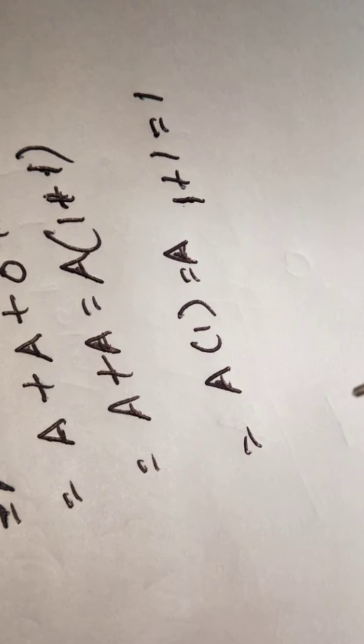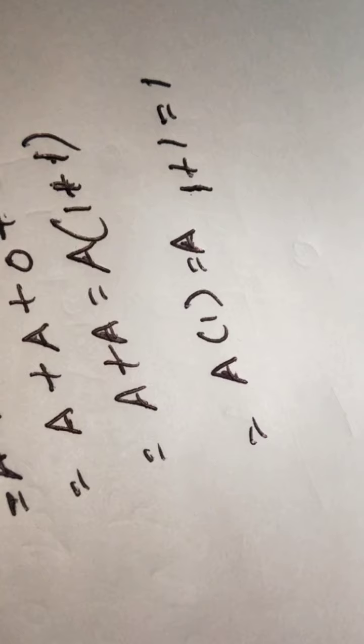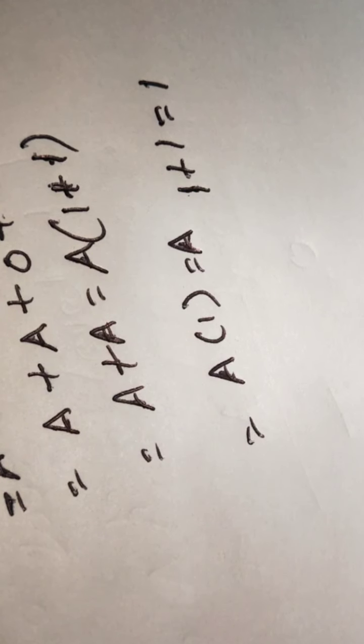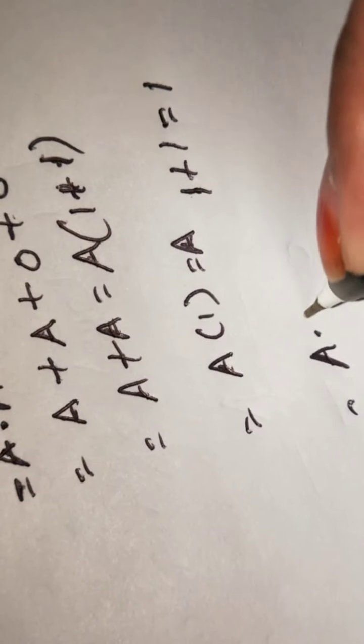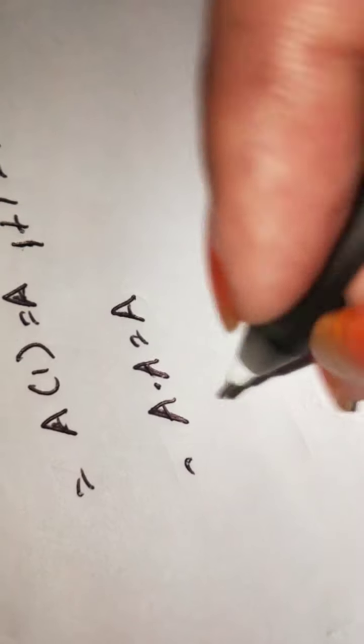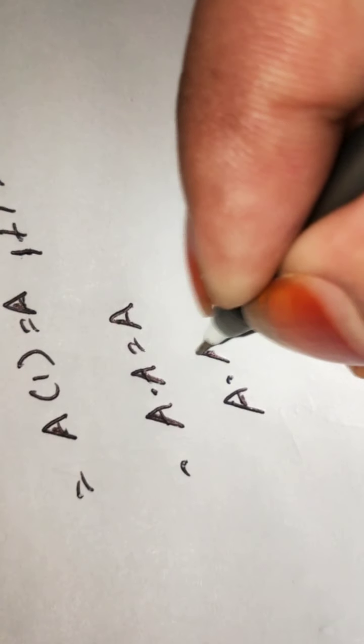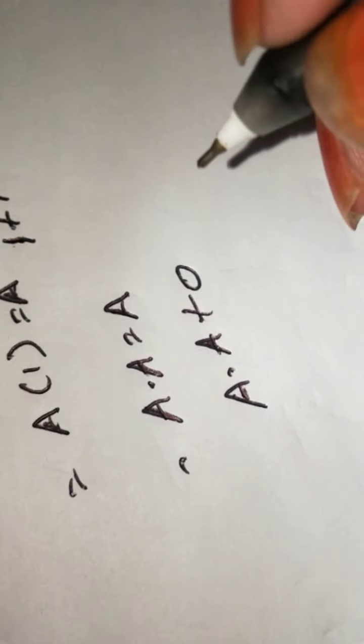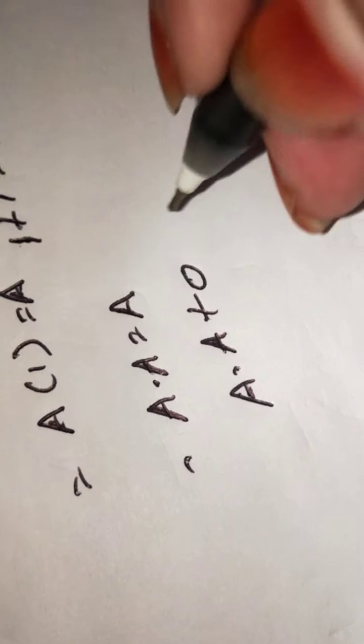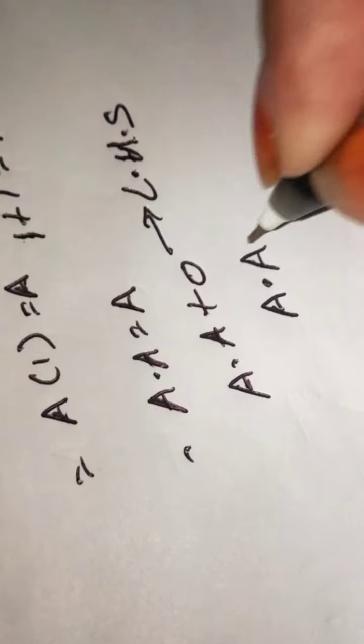To solve this, a into a equal to a, here a dot a plus 0, in the LHS adding 0. A plus a into a plus a bar.